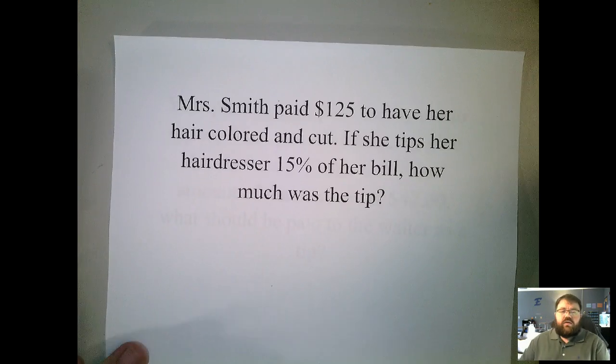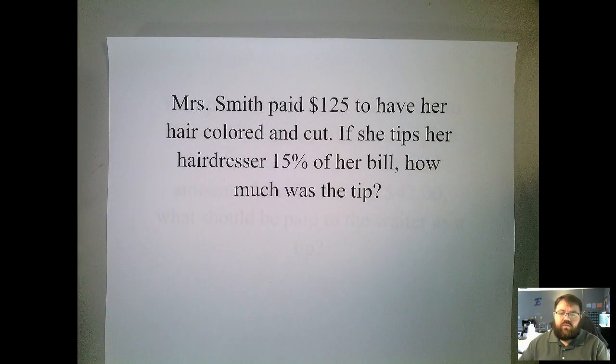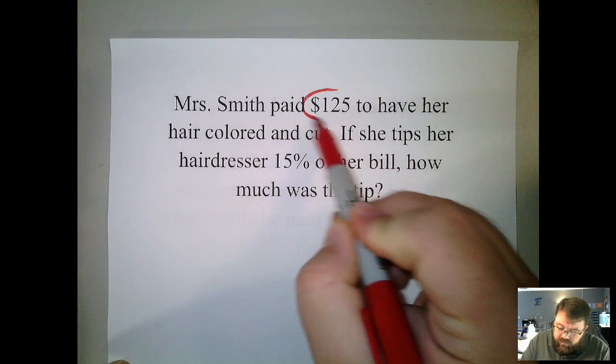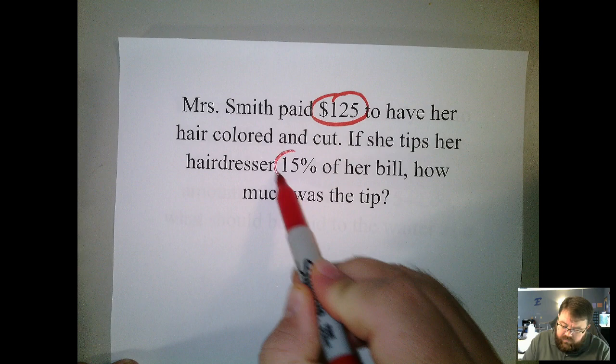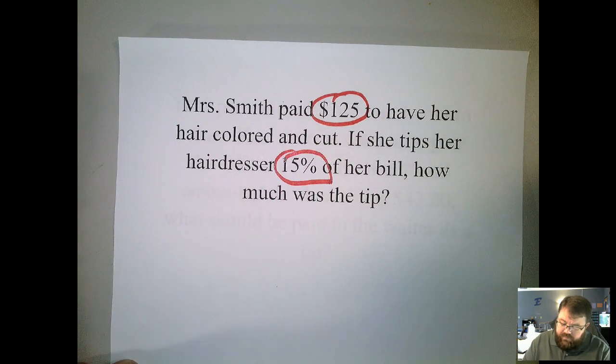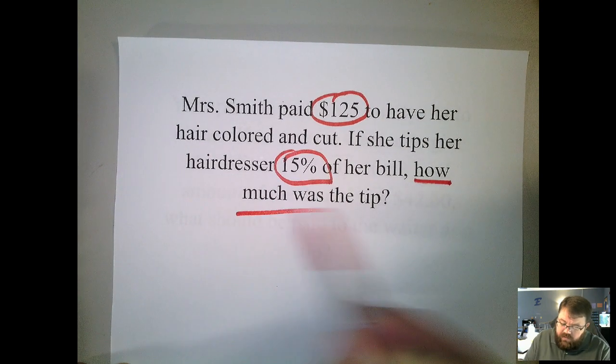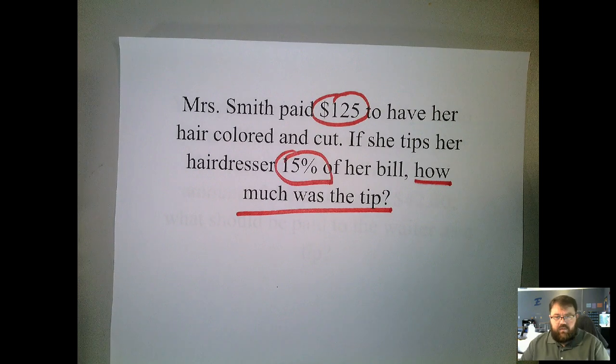Next question. Miss Smith paid $125 to have her hair colored and cut. If she tips her hairdresser 15% of her bill, how much is the tip? So, $125 for the haircut, a 15% tip. How much was the tip?